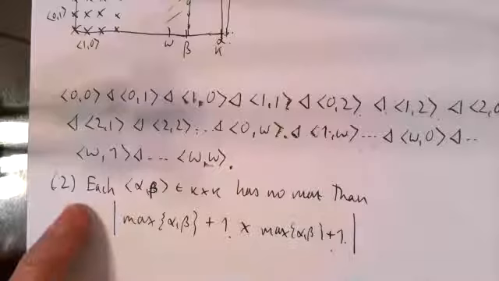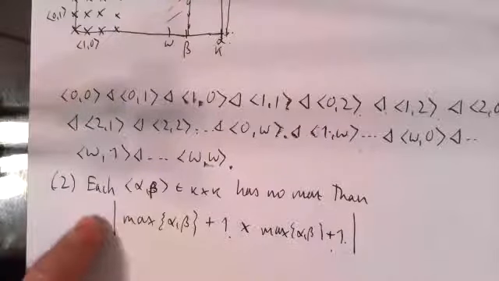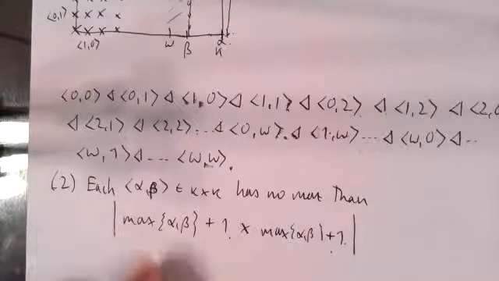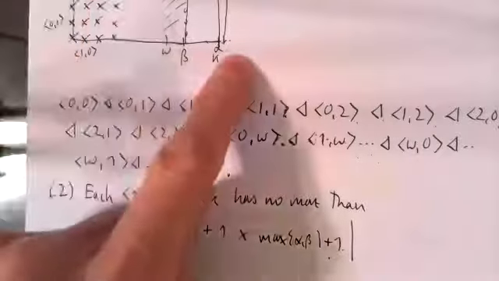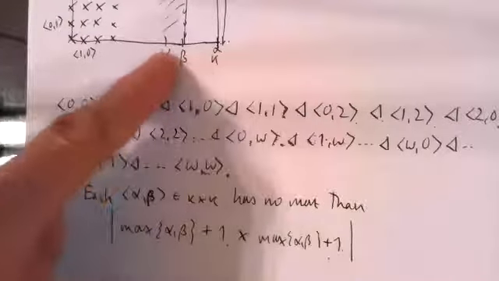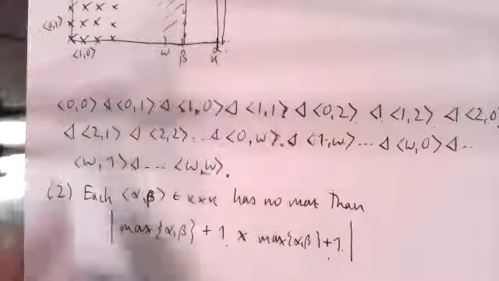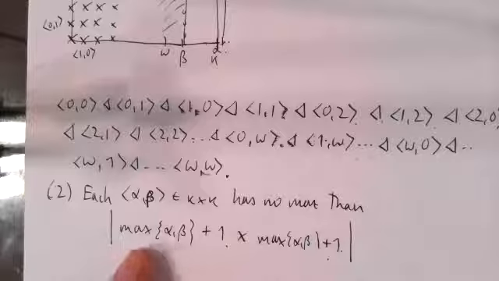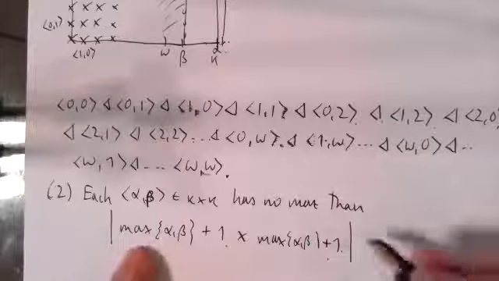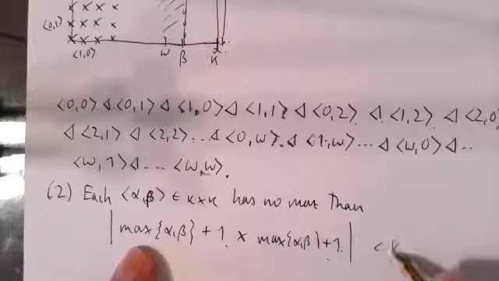Now the point is that, when we appeal to the exercise, each of these boxes here is inside the kappa cross kappa box. Alpha and beta are both ordinals smaller than the cardinal kappa. So each of these has got size less than kappa.